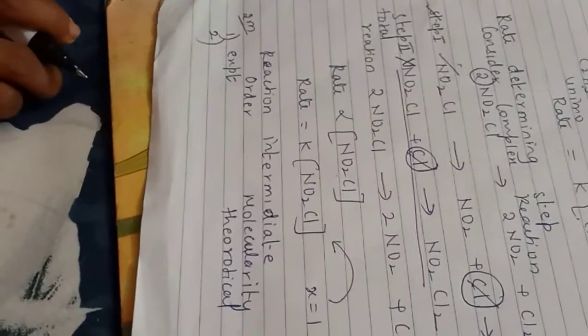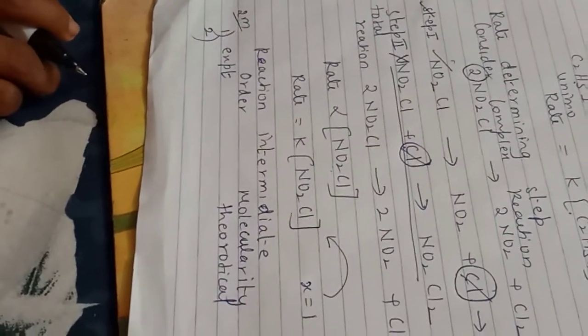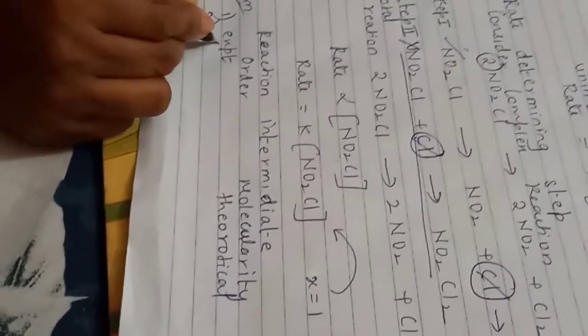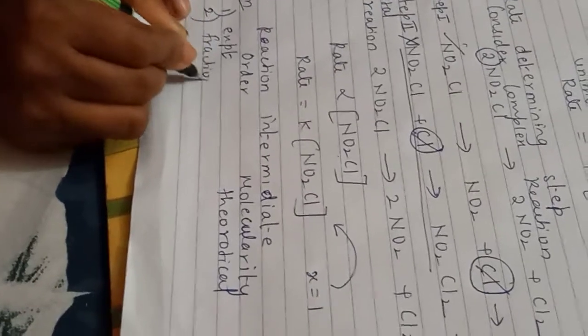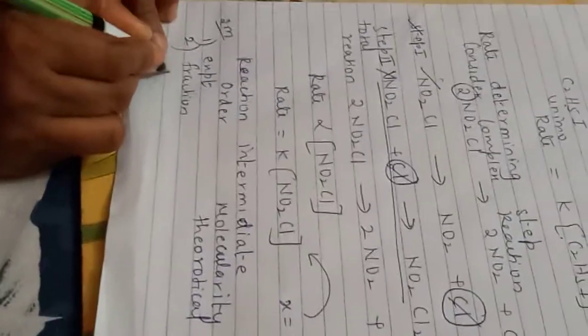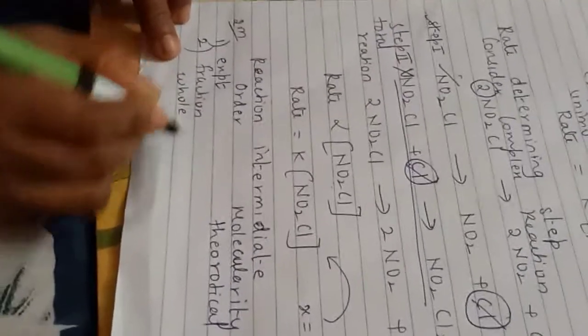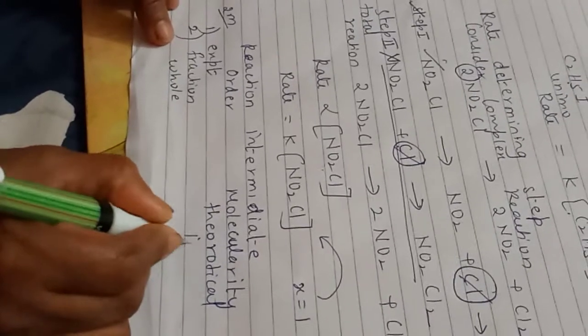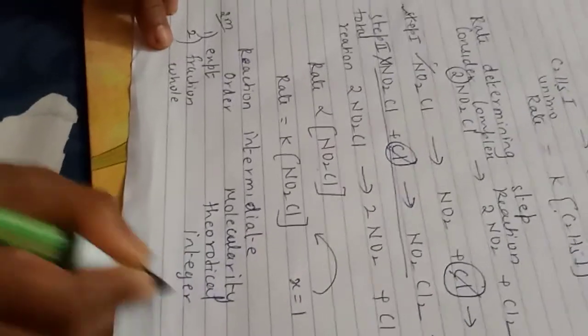Order of reaction may be a fraction, a whole number, or an integer, but molecularity is always an integer. It never exists as a fraction.